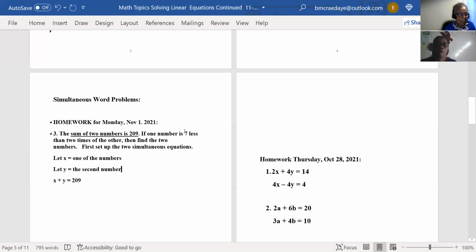So one number is 7 less, so 7 subtracted from 2 times the other.